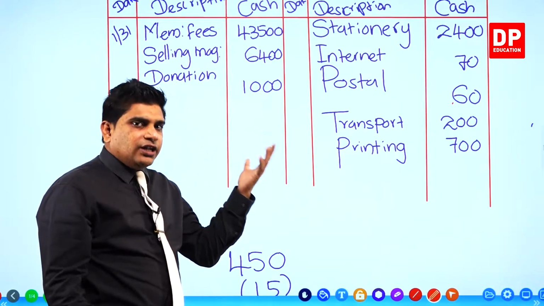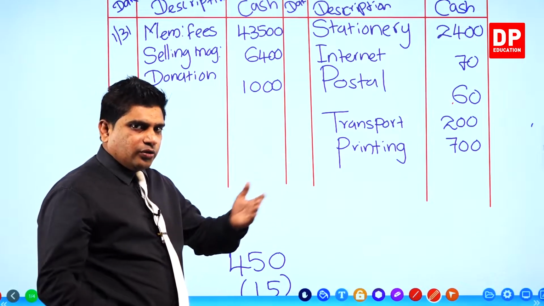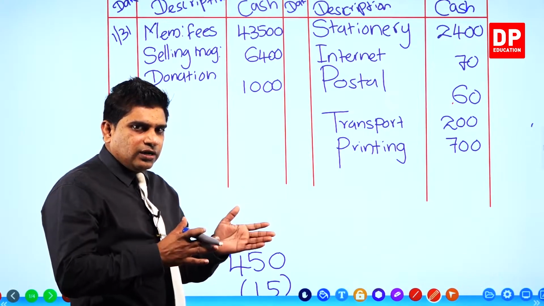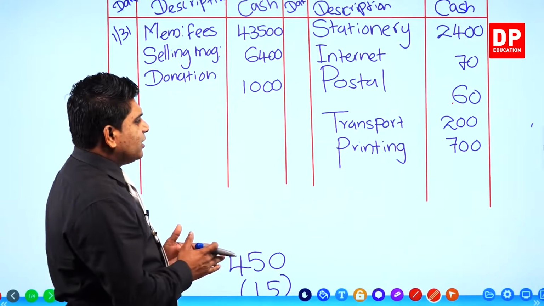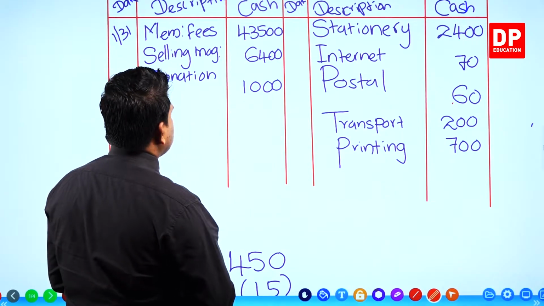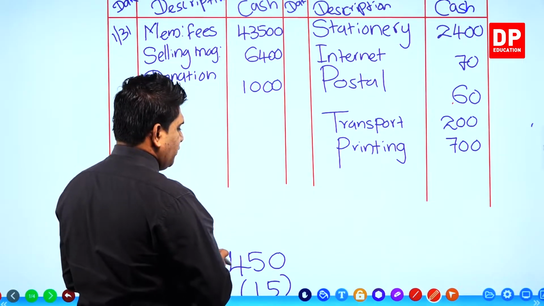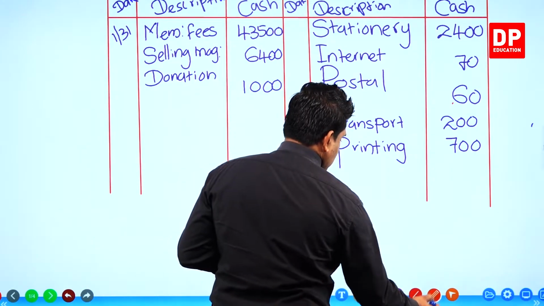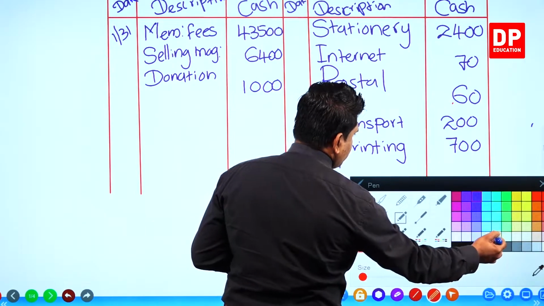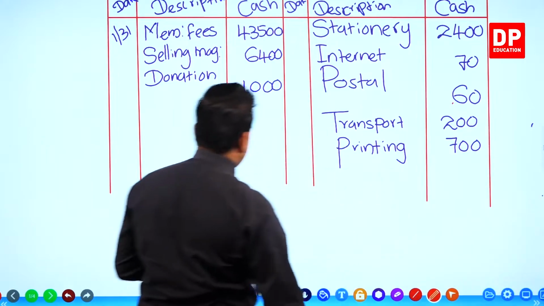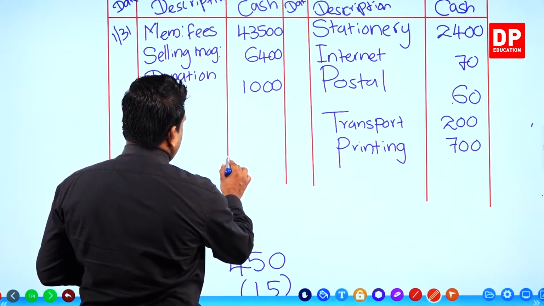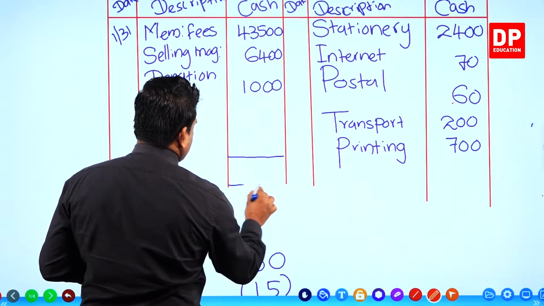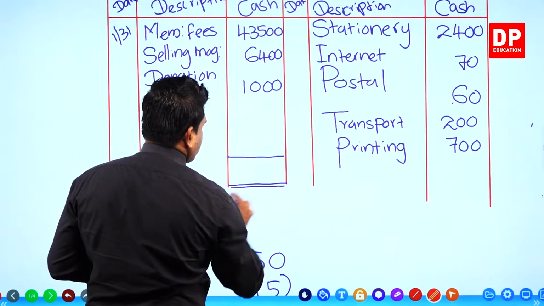After entering the details to the receipts and payment account, you remember the method that you have done in grade 10 cash book. We have to balance off. Then you get the total of both sides. Then find the difference. In front of the left side, you put the cash balance, right?